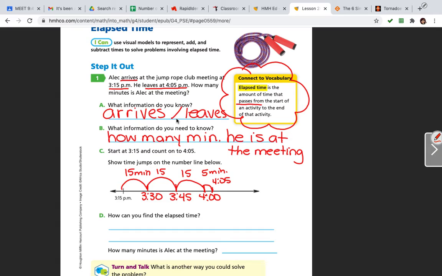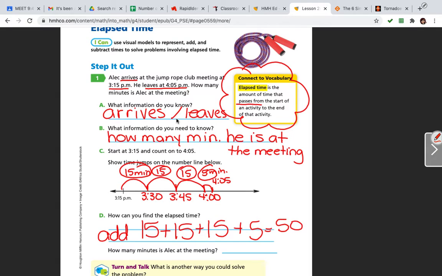Okay? So how can you find the elapsed time? Well, let's add the number of minutes together. So let's add the first 15 minutes, this second 15, that 15, plus the 5. So how many minutes is Alec at the meeting? 15 plus 15 is 30, 30 plus 15 is 45, and 45 plus 5 is 50.